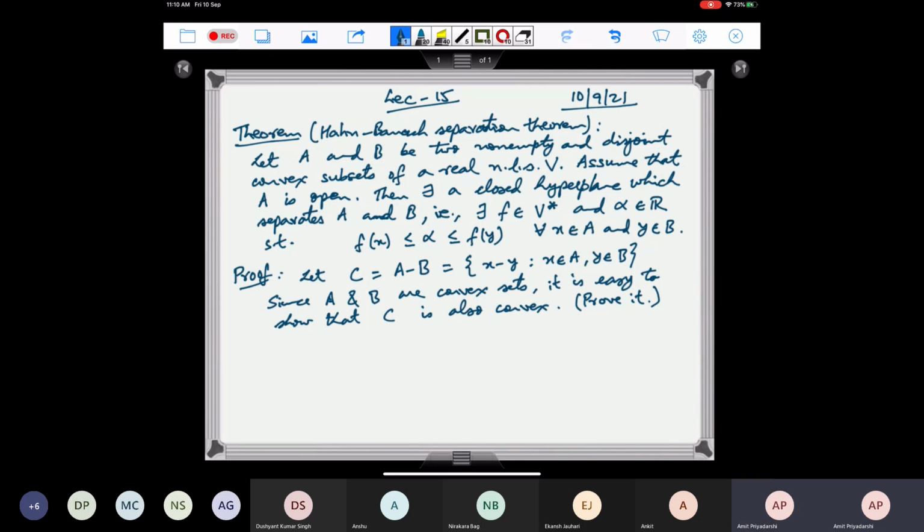Again, B is convex, so that is also in B. And then this point is in A minus B, so that means it is in C. So the sum or difference of two convex sets is also convex in a vector space. So C is convex.